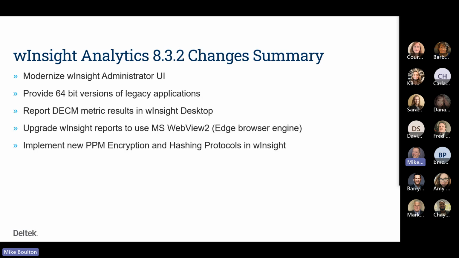We've always been able to bring in Decca metrics, and there's been a ClickView Decca metrics dashboard, but that was the only way to see Decca metrics within wInsight. What we've done is added some reports in wInsight Desktop, and those reports will provide some high-level access to the Decca metrics.